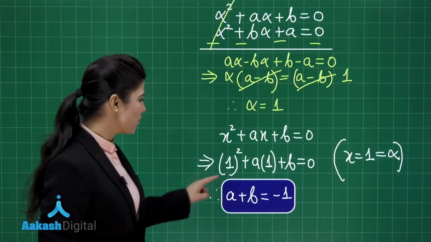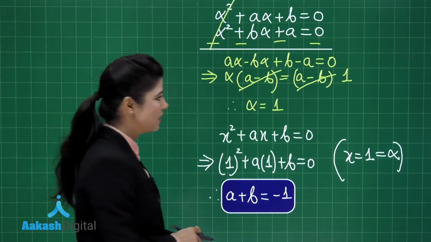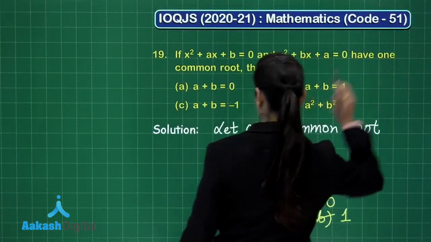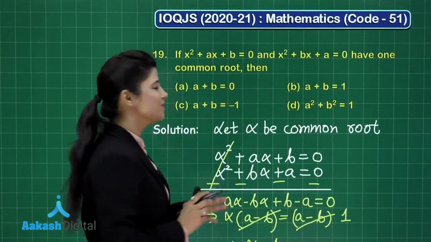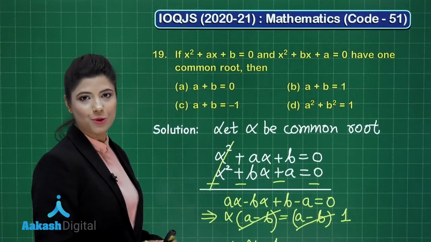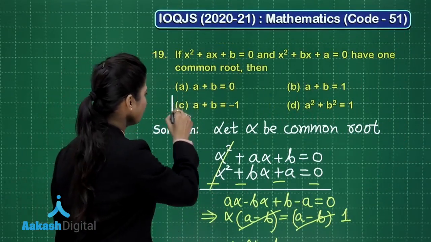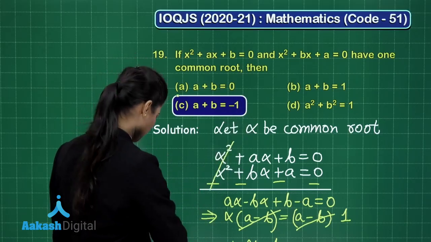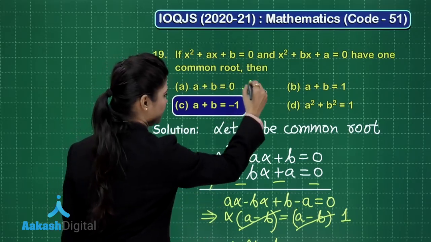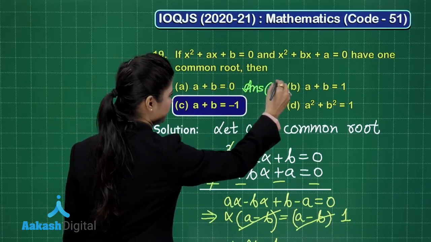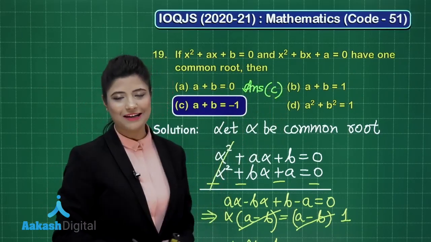So we get this important condition that a plus b equal to minus 1. Out of all these four options given, you can now figure out the right answer: a plus b equal to minus 1. Yes, that is rightly found in option C. So the correct answer for this question is option C. I hope you got it totally clear.